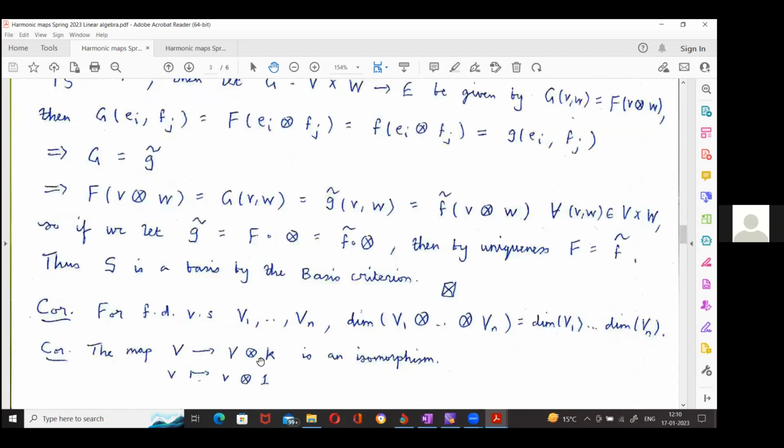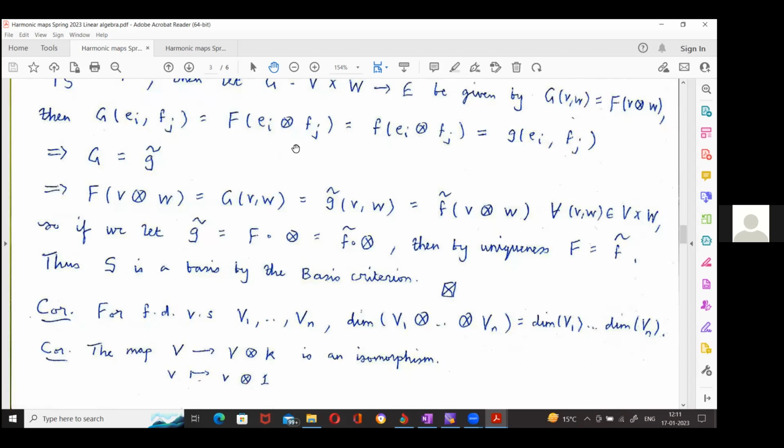And you can also use this to say that V tensor the field K is isomorphic to V naturally. The isomorphism is just V goes to V tensor 1. Okay, 1 is an element of the field K, so you can take this tensor product. This map is an isomorphism because if I take a basis e_i of V, that goes to e_i tensor 1.